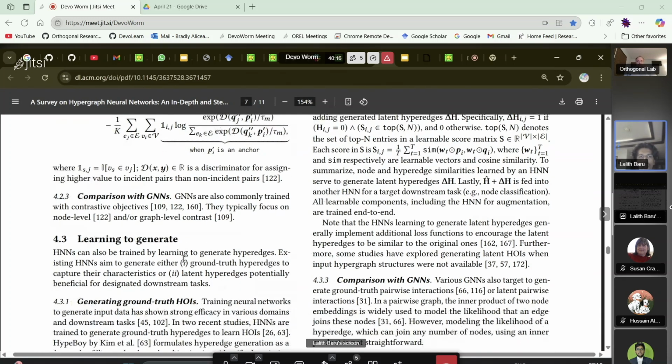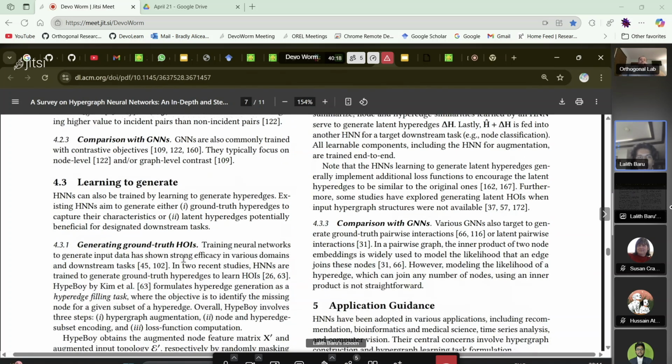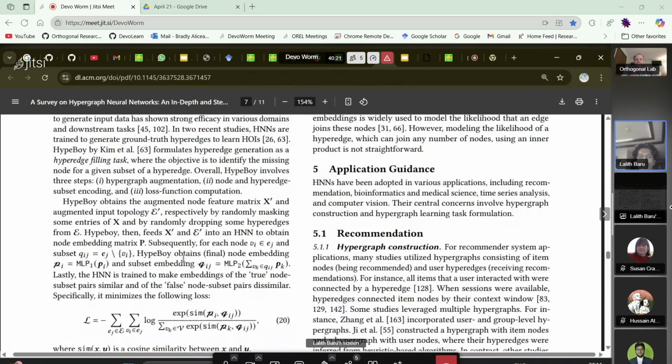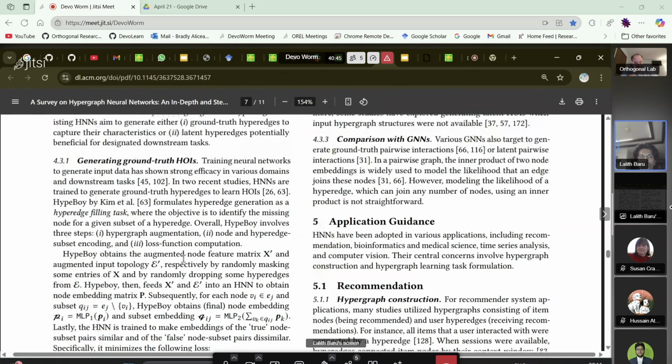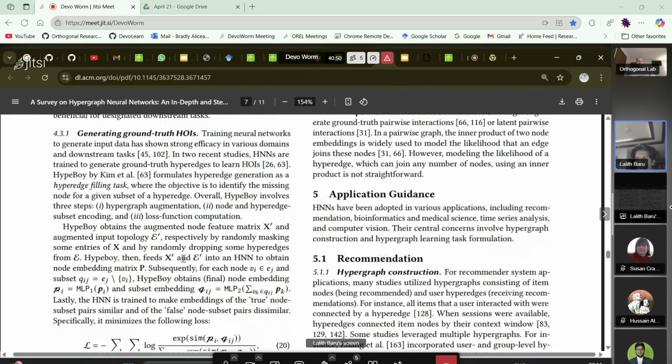And learning to generate. As I mentioned, the MAE version works with a hypergraph that has a missing set of features and a missing set of hyperedges. We try to predict the missing nodes using a masked autoencoder, and it tries to complete the full hypergraph from the missing set. That is one way of generating ground-truth higher-order interactions.